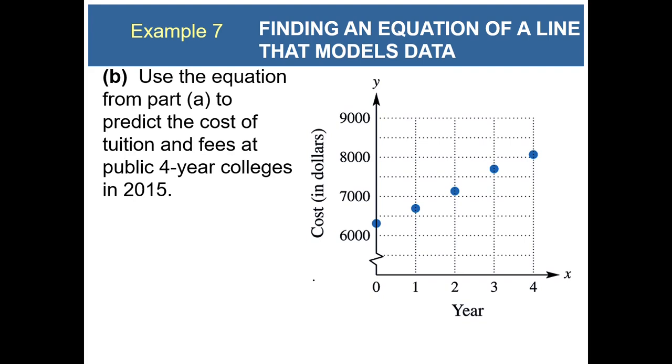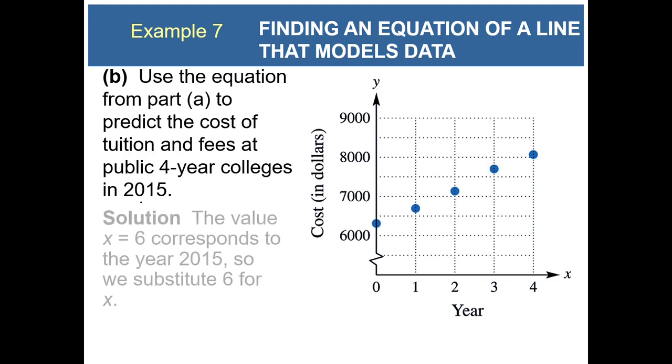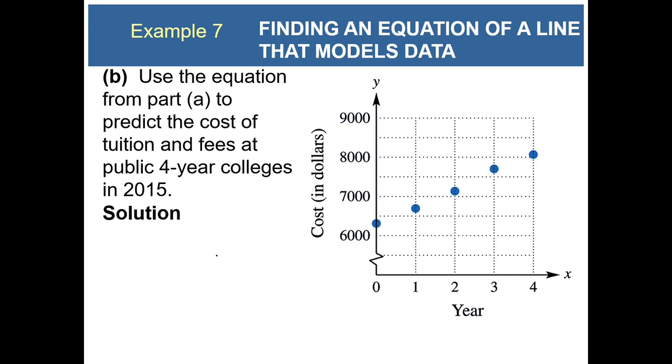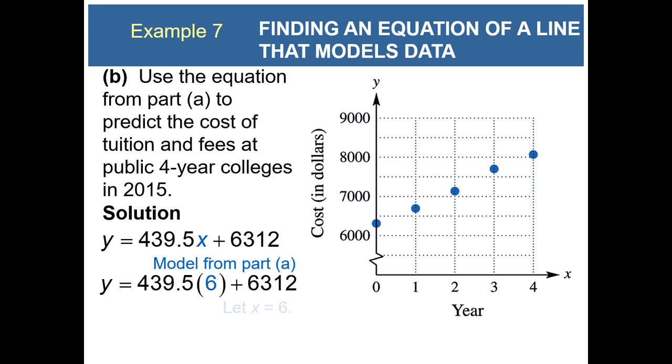B. Use the equation from part A to predict the cost of tuition and fees at public four-year colleges in 2015. We know that x equals 6 corresponds to the year 2015, so we want to substitute 6 for x. Plugging in x equals 6 into our equation, we have y equals 439.5 times 6 plus 6,312.